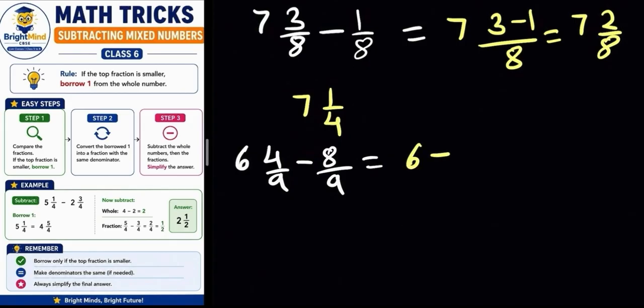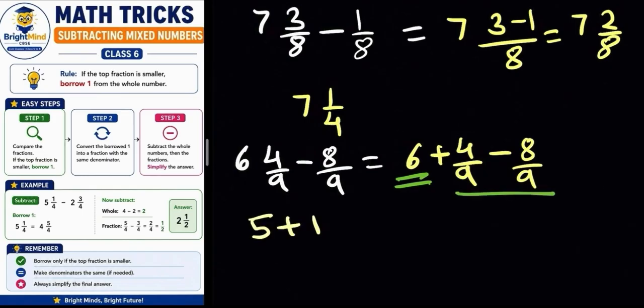We can also write 6 plus 4 by 9 minus 8 by 9. Let's begin by expanding the mixed number. We will break down this 6 into smaller parts. It means 5 plus 1. We can replace this 1 by 9 by 9.